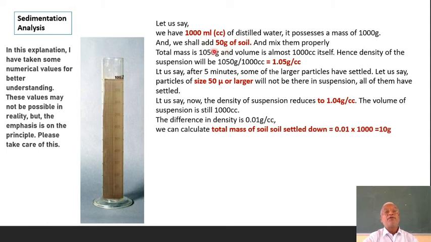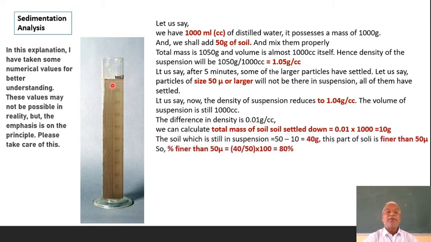Out of 50 grams taken, 10 grams has already settled. Now how much soil will be there in the suspension? Obviously it will be 40 grams. The soil which is still in suspension will be 50 minus 10, that is 40 grams. Now this part of the soil which is in suspension is finer than 50 microns, because particles of 50 microns have gone down, but the particles which are smaller than 50 microns are still in suspension.